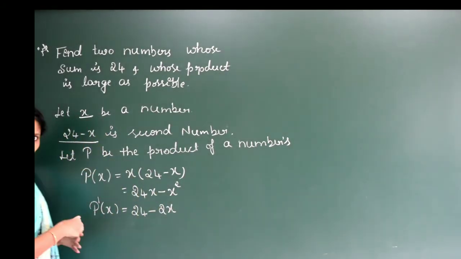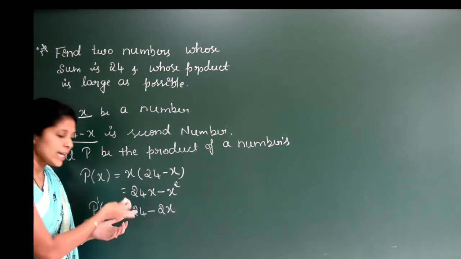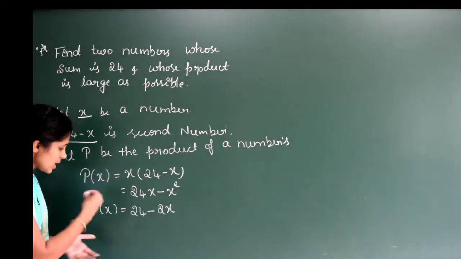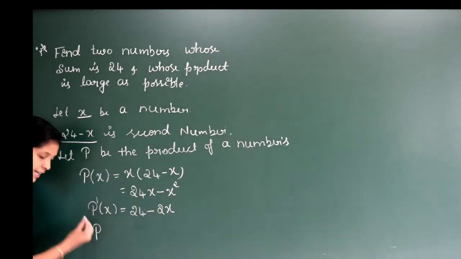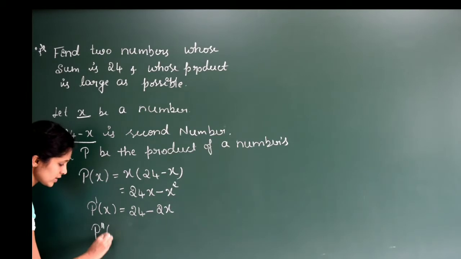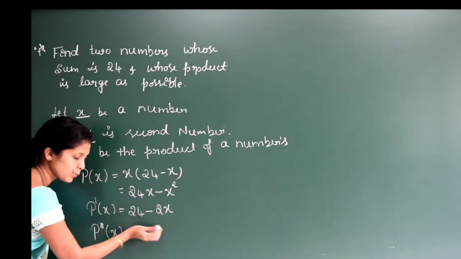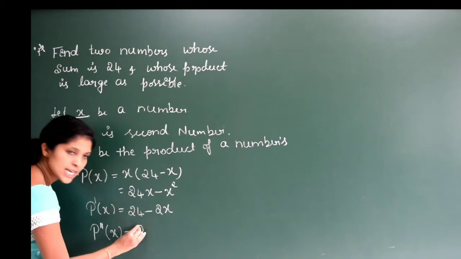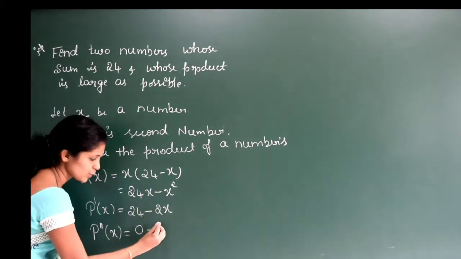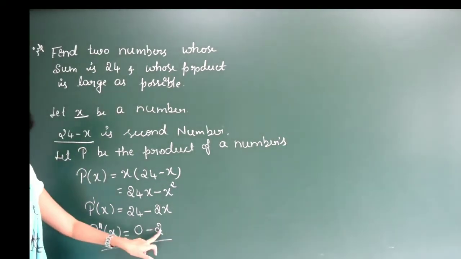Now you can use the second derivative test, or else you can go with the first derivative test also. Here I will use the second derivative test. So if I differentiate this again, p double dash of x will be equal to the derivative of 24, which is constant, so 0, minus the derivative of 2x, which is minus 2.